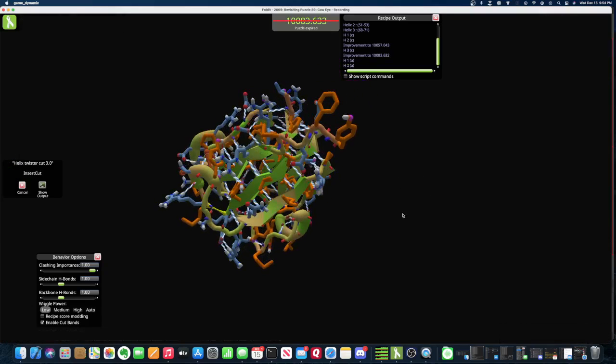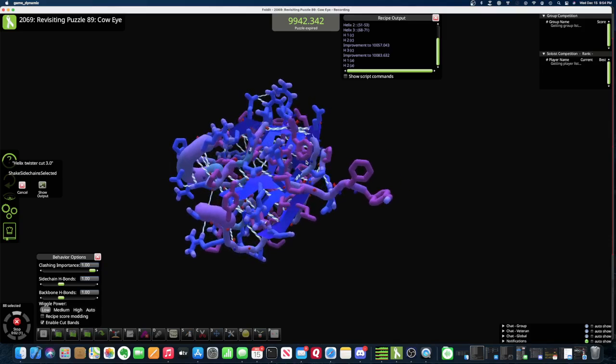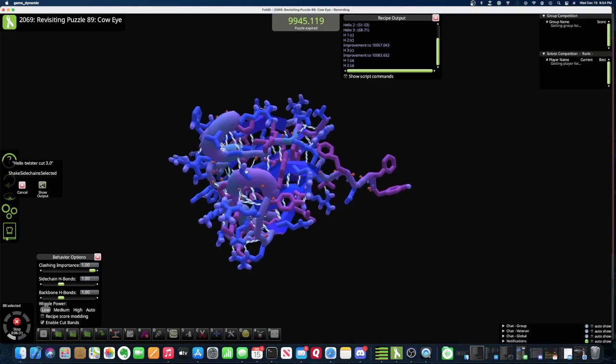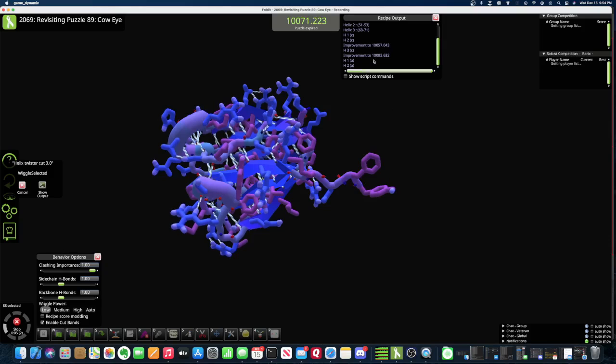Yeah, that one looks pretty good. That one looks pretty good. So even here, where there isn't really a sheet, we've got a couple of H bonds to this loop here and this helix. So there we went up to 10,083.